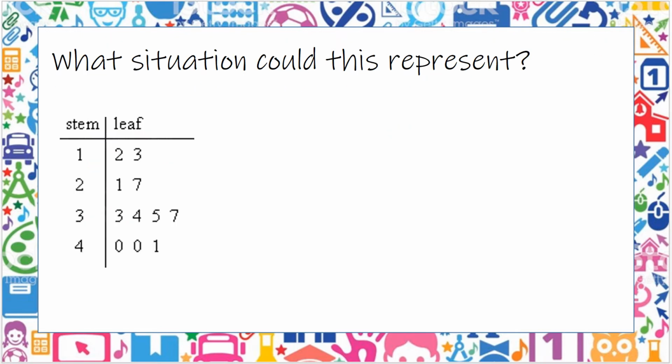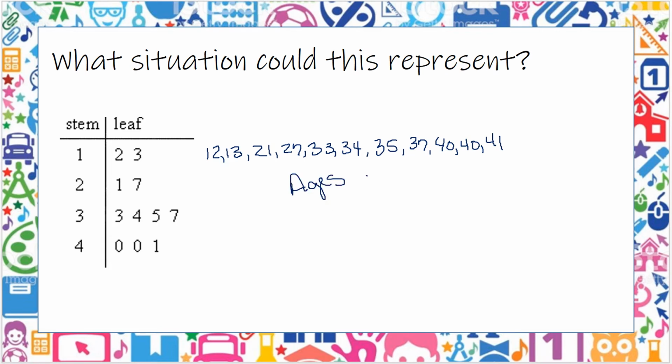Okay, what situation could this represent? You've got 12, 13, 21, 27, 33, 34, 35, 37, 40, 40, and 41. An example might be maybe the ages of something.